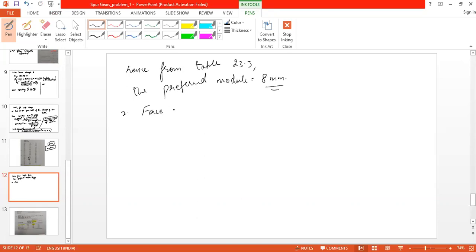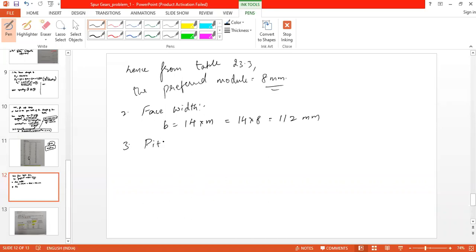Second part is face width. So what is the face width? Face width b is given as 14 times m, 14 into 8. So it is 112 mm.